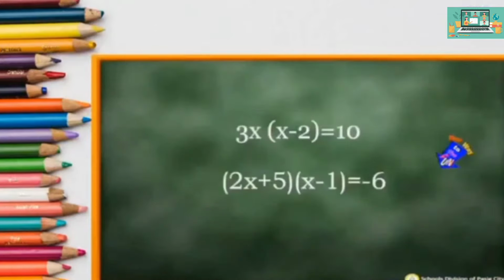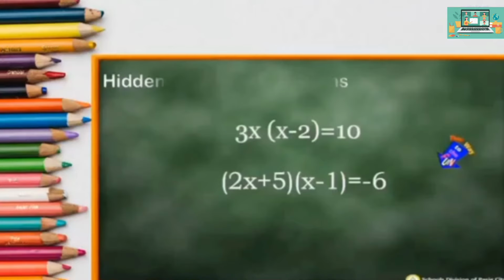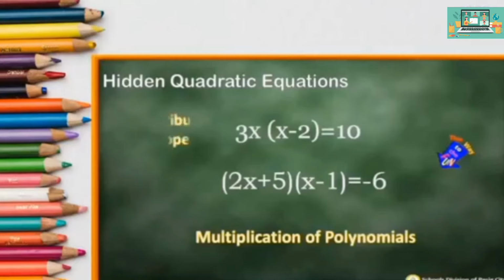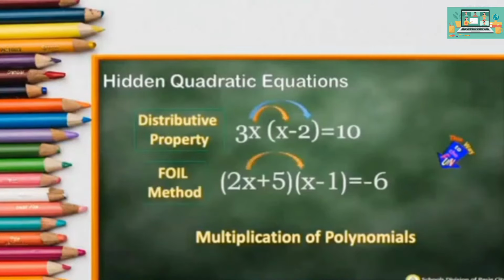What about the following equations? Are these equations quadratic? Maybe some of you would say yes, while others will disagree. These equations are quadratic. They are referred to as hidden quadratic equations. They can be expanded using distributive property or Polynomial method.